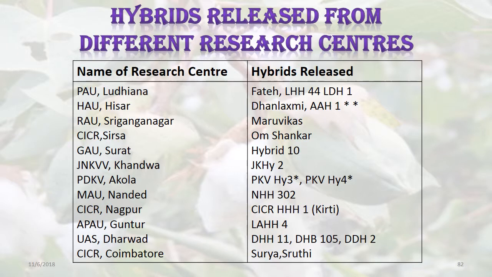Then Khandwa JNKVV released JK Hybrid 2. Then Akola released PKV Hybrid 3 and PKV Hybrid 4. Guntur released LAHH4, then Dharwad released DHH11, DHB105, DDH2, then Coimbatore released Surya and Shruti.